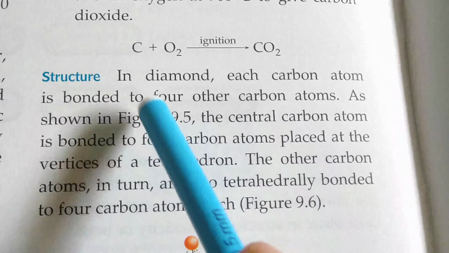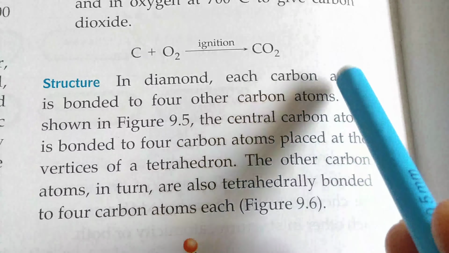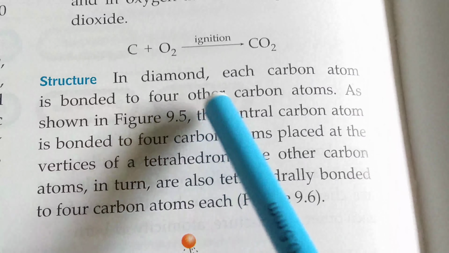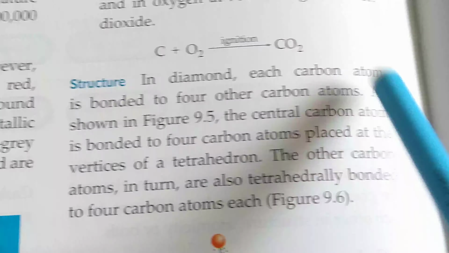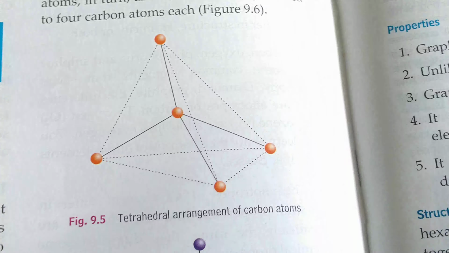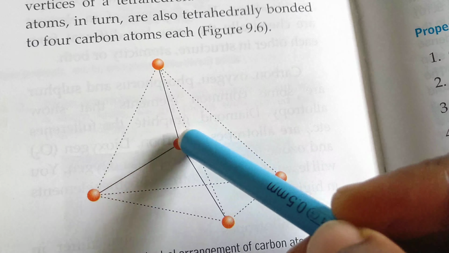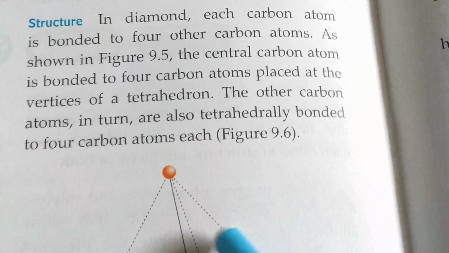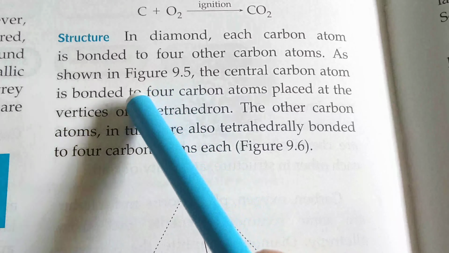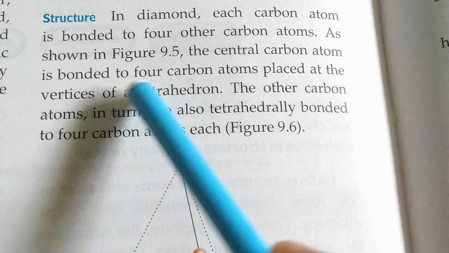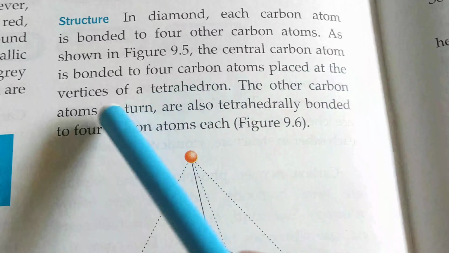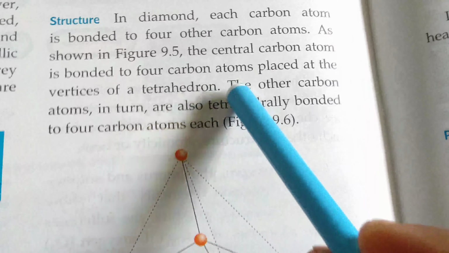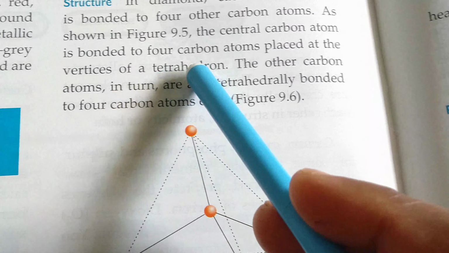Structure. In diamond, each carbon atom is bonded to 4 other carbon atoms. As shown in the figure, look at the figure. One carbon atom is attached to another 4 carbon atoms. The central carbon atom is bonded to 4 atoms placed at the vertices of a tetrahedron. So tetra means 4.